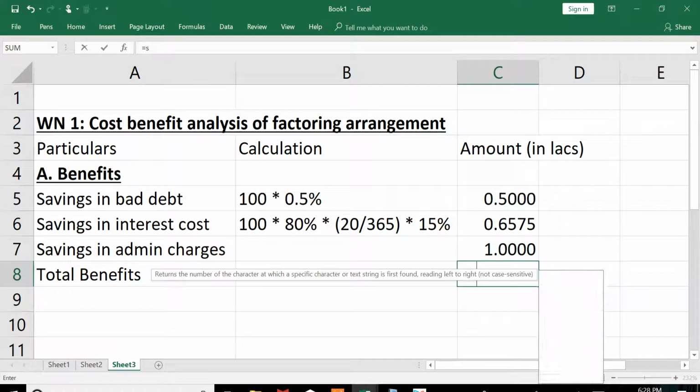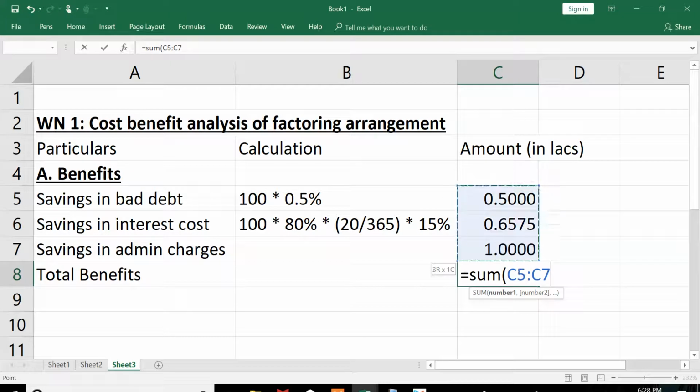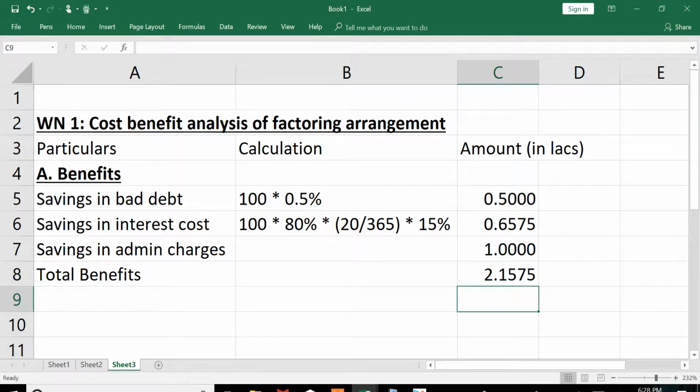This is what is total benefits. I'll end up saving so much money. Total benefits is 2.1575 lakhs.